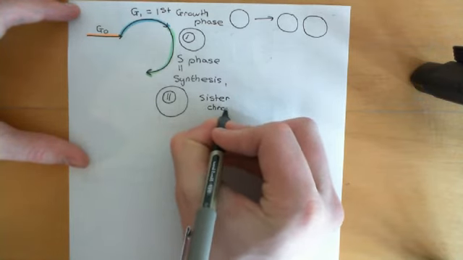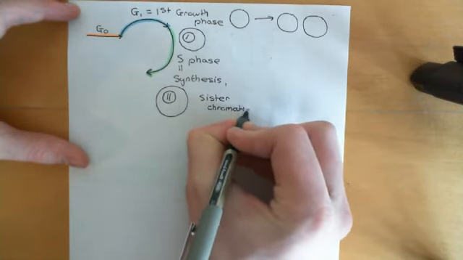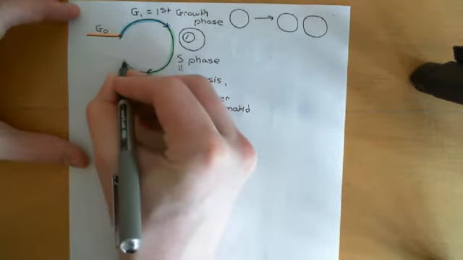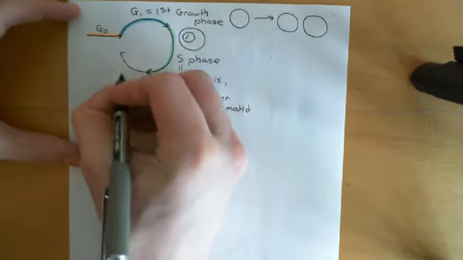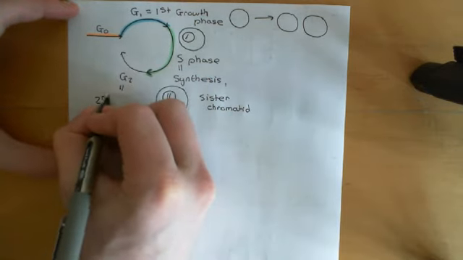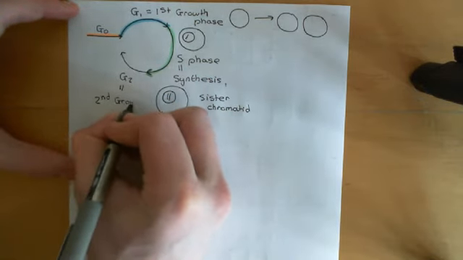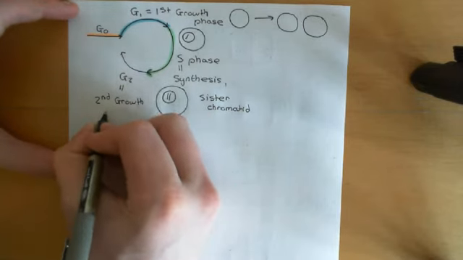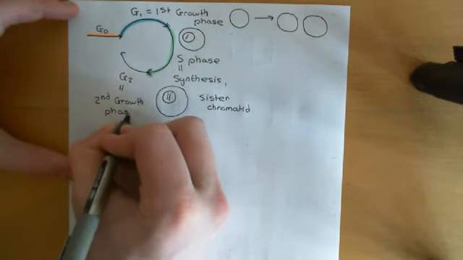Then after S phase, what you're going to have is a phase known as the second growth phase, which I'll put here. So this is known as G2, and this is the second growth phase. In the second growth phase, the cell is going to make more proteins again.